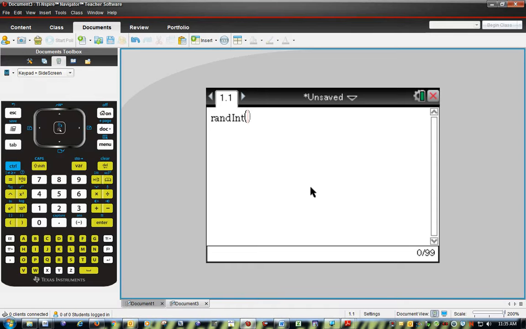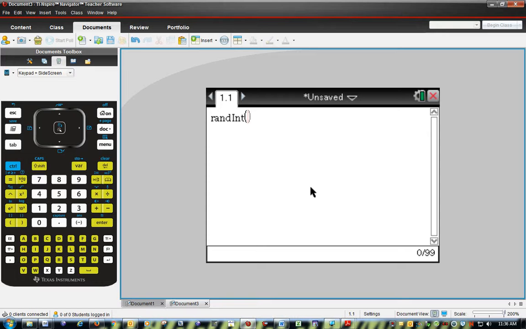So we want menu, probability, random, and then integer. And it gives us something called randint. You could spell it out if you want to. And it has a parentheses.